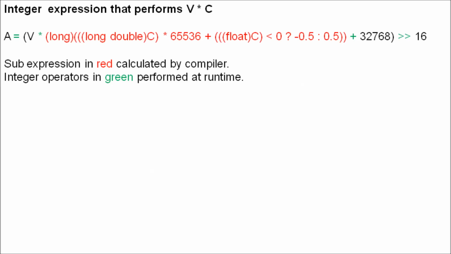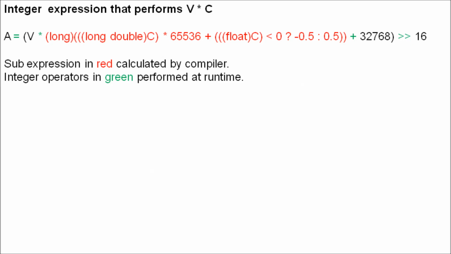It should be noted that the sub-expression shown in red is calculated by the compiler during compilation of the program. This is because the operands are all literal constants. So although the expression contains floating point operations, they are not performed at runtime.